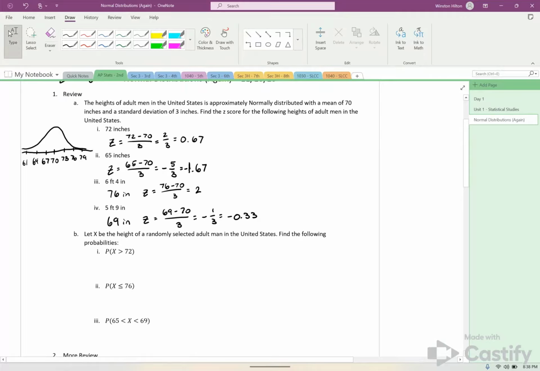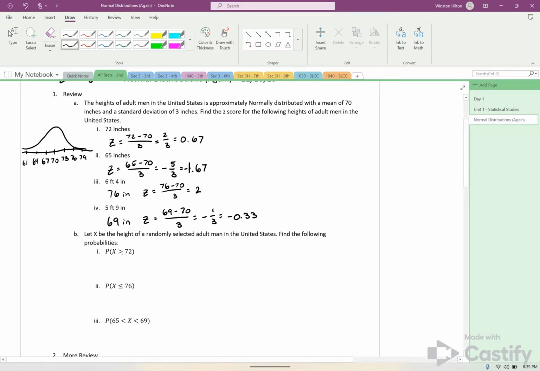X is the height of a randomly selected adult man in the United States. We want to find the probability that that person has a height greater than 72 inches, less than or equal to 76 inches, or between 65 and 69 inches. The way we are going to do this is by calculating a z-score and using the standard normal table like we talked about last time.